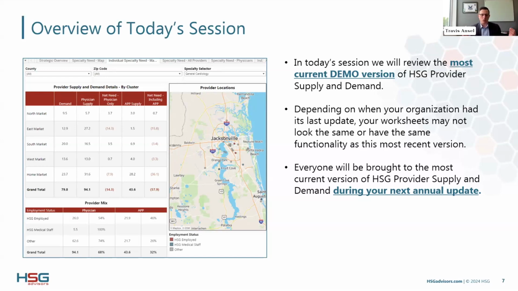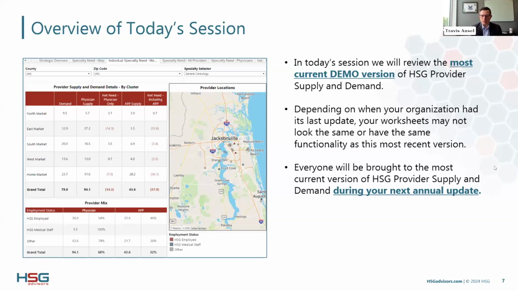While you're looking at it on your end with your version of provider supply and demand open, you definitely will have the same worksheets available to you. This is the version we're going to look at. It's going to look a little bit different, but the content should all largely be the same.